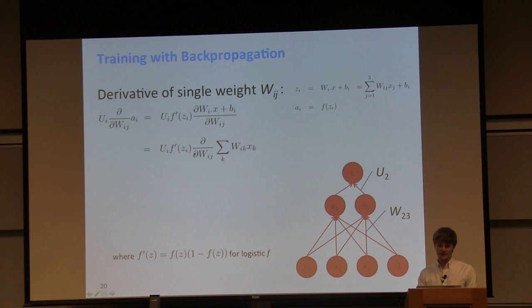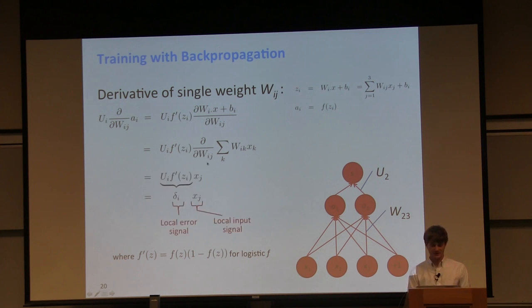And now again, we know from the first lecture when we looked at the word vectors, the derivative of the sum is just a sum of the derivatives. And really, Wij only appears when k equals j. All the other terms are constant when we look at the derivative with respect to Wij. I'll let that sink in for a second.